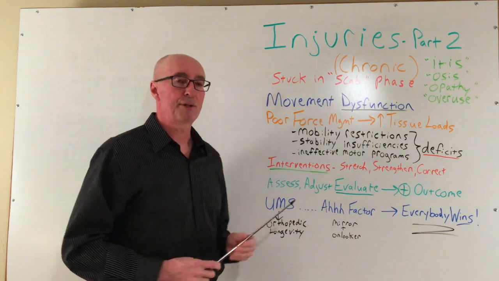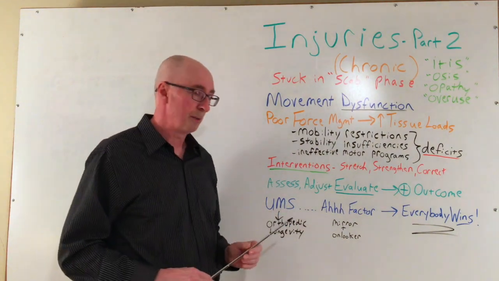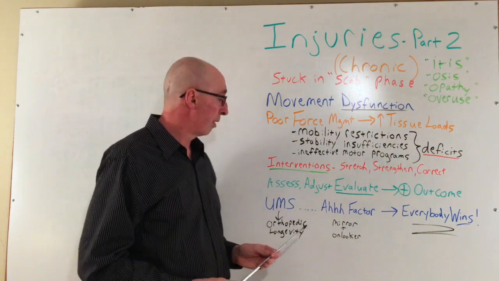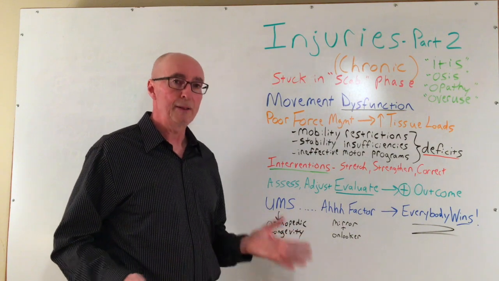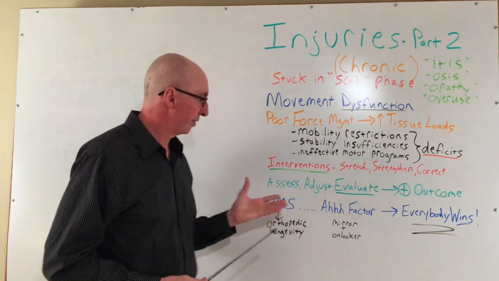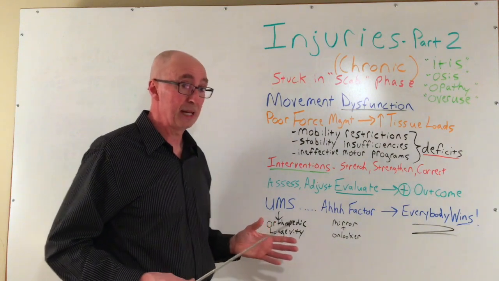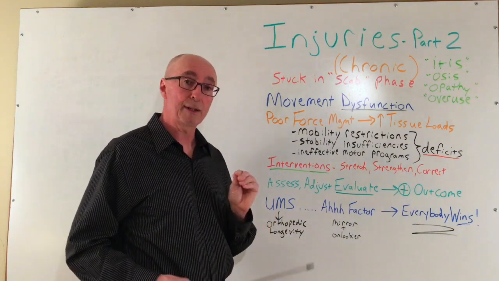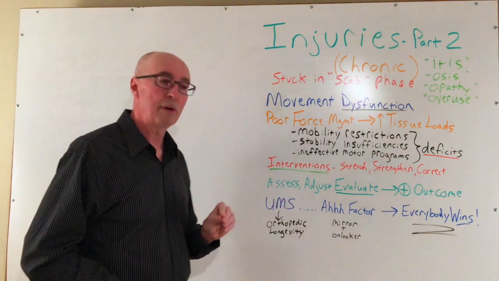In fact, it's all about something I figured out in myself a long time ago, which is a little thing that I call, without being condescending at all, UMS. And UMS stands for, believe it or not, ugly movement syndrome. I had seen myself in the mirror and in some videos moving a bit ugly. And I thought, well, this is inappropriate and I need to correct this, particularly in my role in working with thousands of people, coaching, training, rehab, that kind of thing.